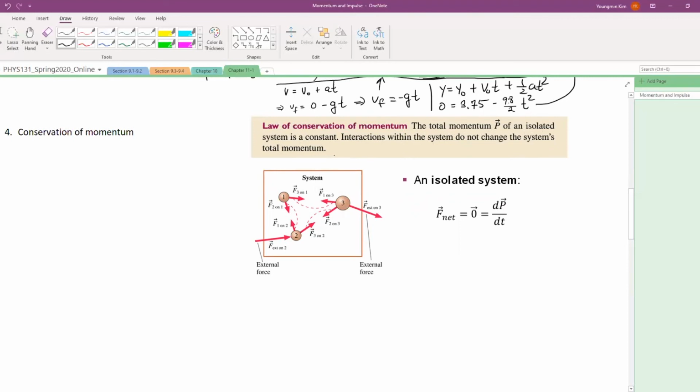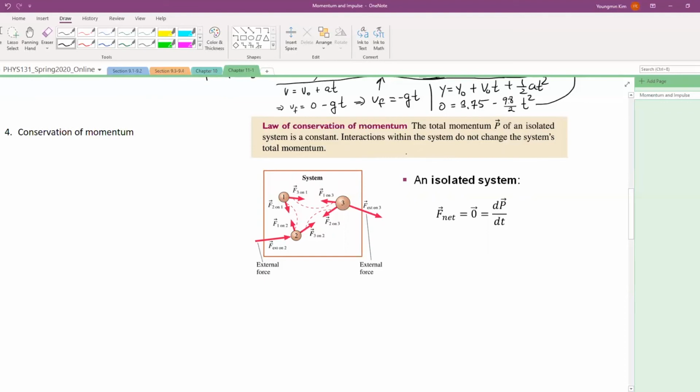Now, I would like to remind you of the law of conservation of energy, which says something very analogous: the total amount of energy in an isolated system is a constant. Transformations of one type of energy to a different type within the system do not change the system's total energy.